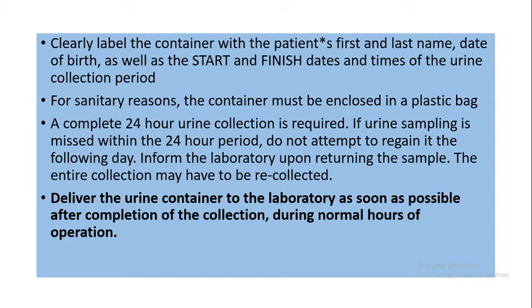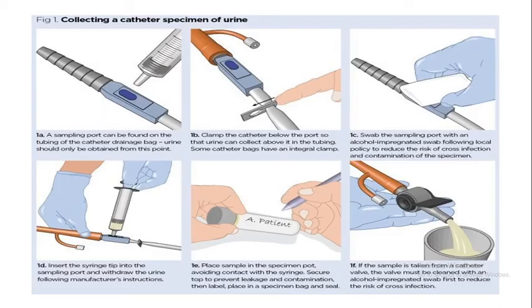And the most important thing is the urine should reach the laboratory as soon as possible, because urine may contain certain organisms which may be pathogens, and those pathogens can multiply if it is delayed. So it is always suggested that the urine should reach the lab as soon as possible for processing.